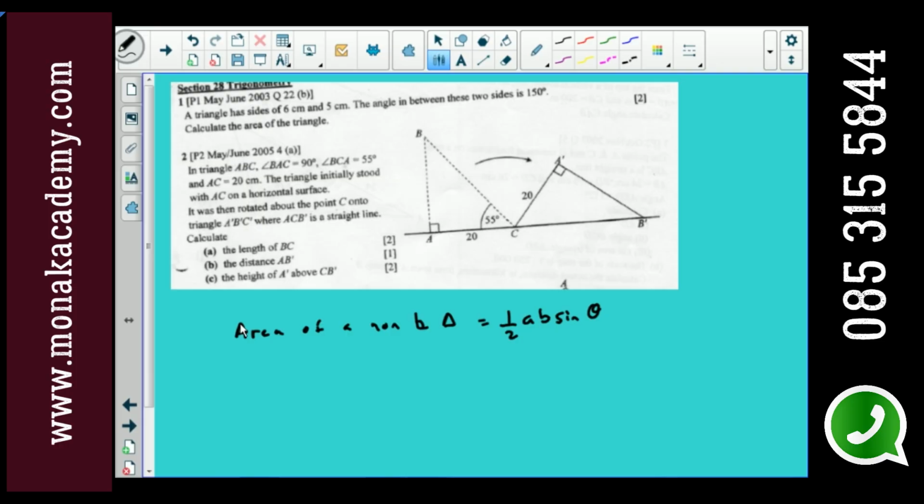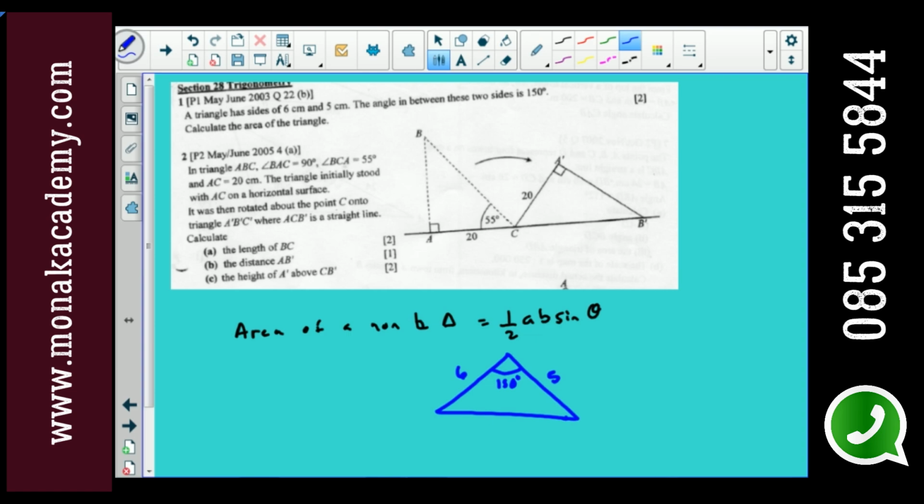So remember, we are given that we have a triangle like this, where this angle is 150, and that's the angle between those two sides. So this has to be 6, this has to be 5, the other ones we don't care what they are. But the idea of an area of a triangle is that you must find the sides that are between a given angle.